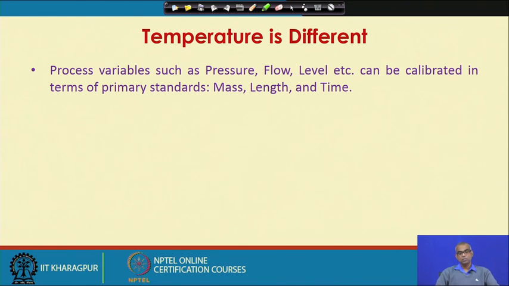So, we are familiar with three primary standards: mass, length and time. Process variables such as pressure, flow, level, etc., can be calibrated in terms of these primary standards. It means that the unit of pressure or unit of flow or unit of level can all be expressed in terms of mass, length and time.